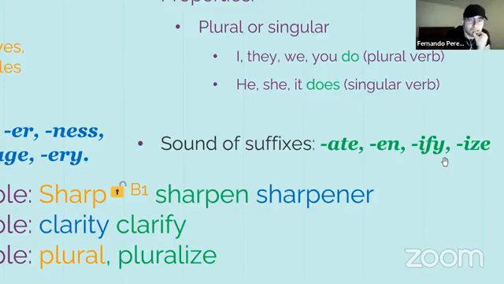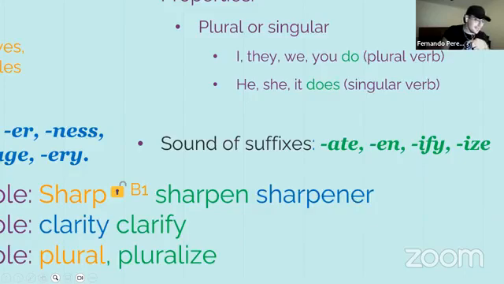Etc. If you want to be more specific, you can talk about these swords for the knights, or a dagger; those are sharpened. Check the next word. If you add -er to the word sharpen, then you obtain a noun.